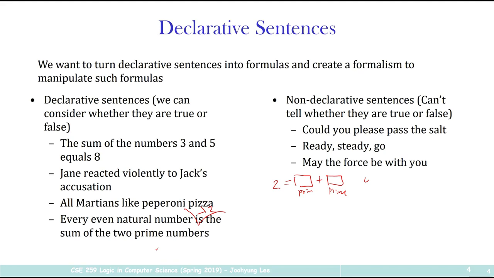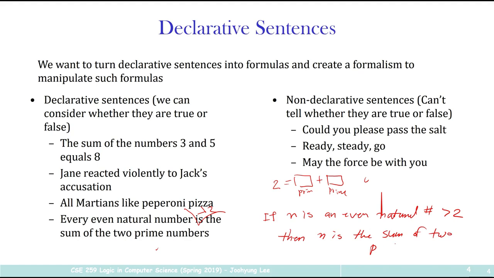So the condition is basically saying if some number n is an even natural number greater than 2, then n is the sum of 2 prime numbers. Okay?